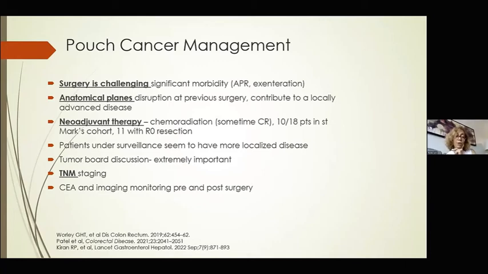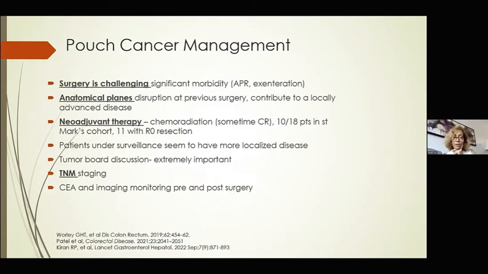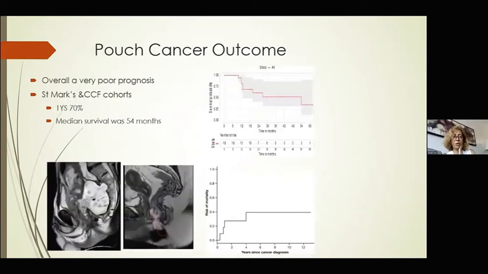We don't have direct proof for that, but patients under surveillance seem to have more localized disease. Tumor board discussions are actually very important in these cases, and the TNM staging system is used. Obviously, tumor markers and imaging are conducted pre and post surgery.